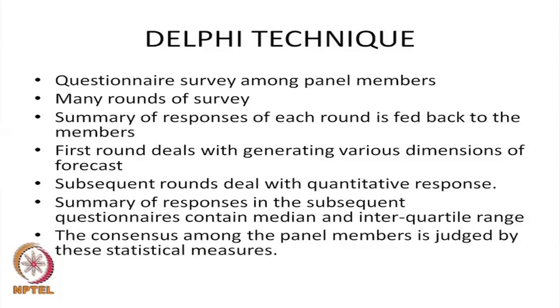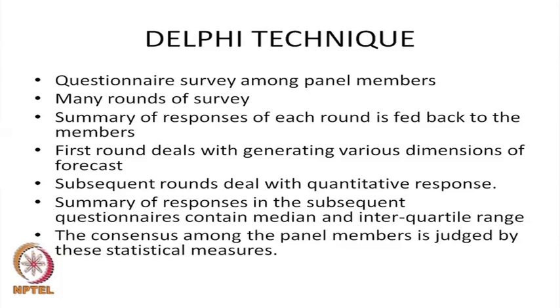So, when a summary response is fed back to the members of the panel, the group response is made available to each one of them in the form of the median value and the interquartile range value of the group responses.